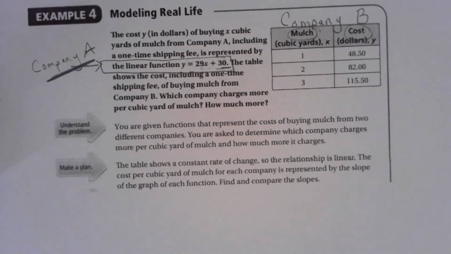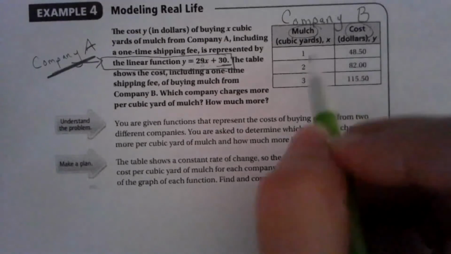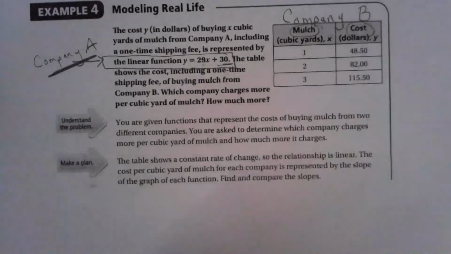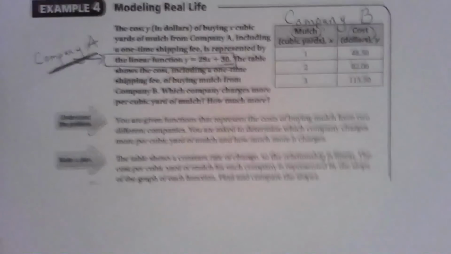So I'm hoping that pretty quickly, without really having to do much math, you see that company B is charging more. But maybe not, right? Because this says it includes that one-time fee. So we're going to figure out what the cost is per yard by finding the slope, okay?